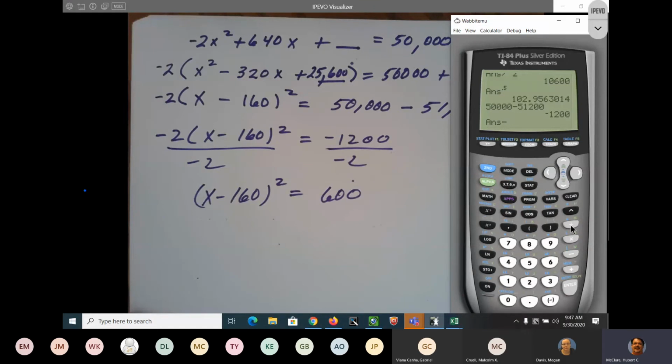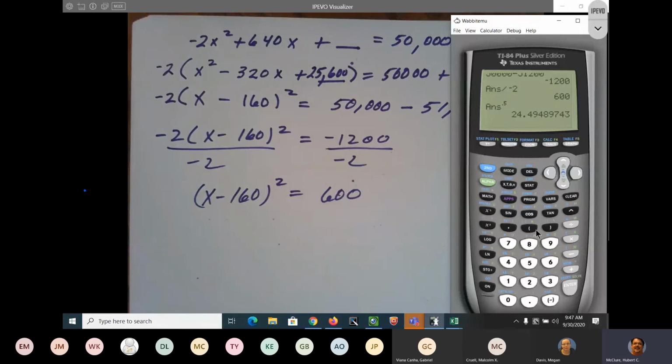Divide by negative 2. And then raise that, and my mouse is going real slow, raise to the 0.5. And that's going to give me 24.5.